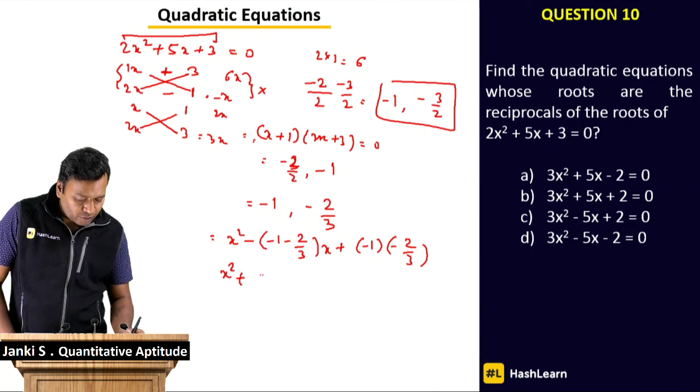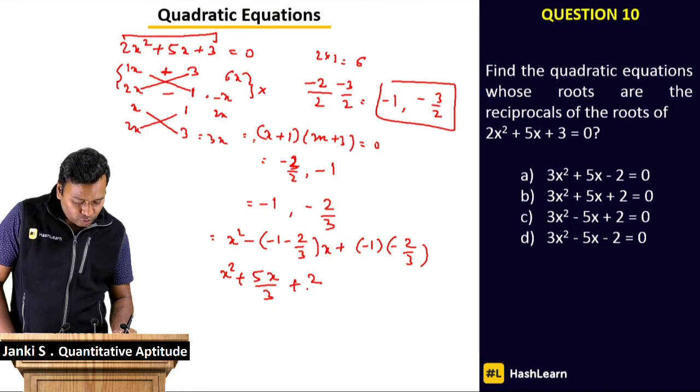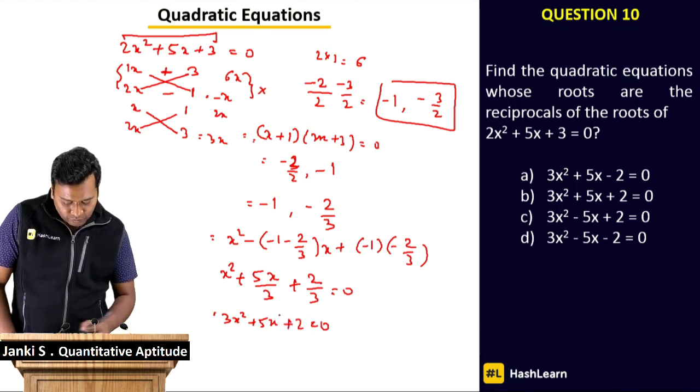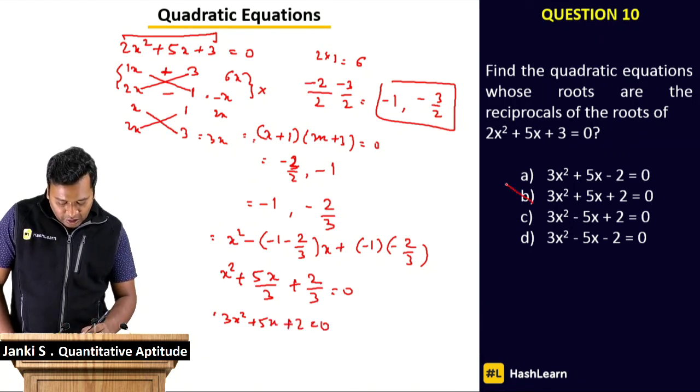So if we'll take this one, the value is nothing but 5x/3, or this will be again a positive sign in this case, right? So that's nothing but 2/3 should be equal to 0, or else 3x square plus 5x plus 2 should be equal to 0, right? तो ये कंडीशन हो गया.